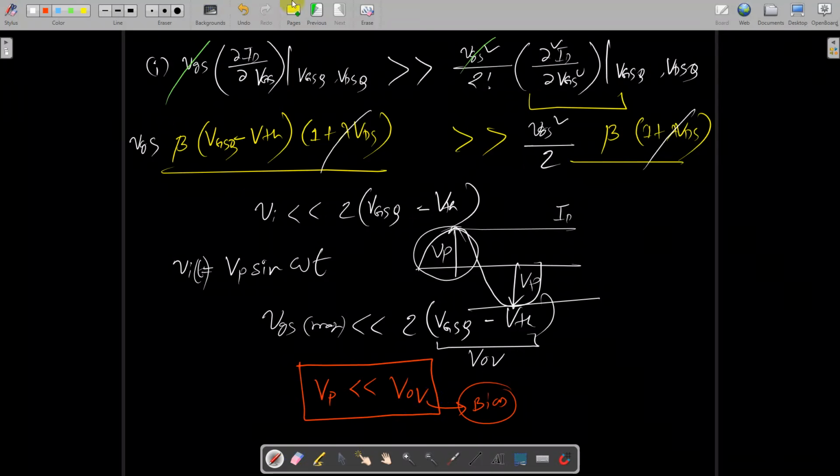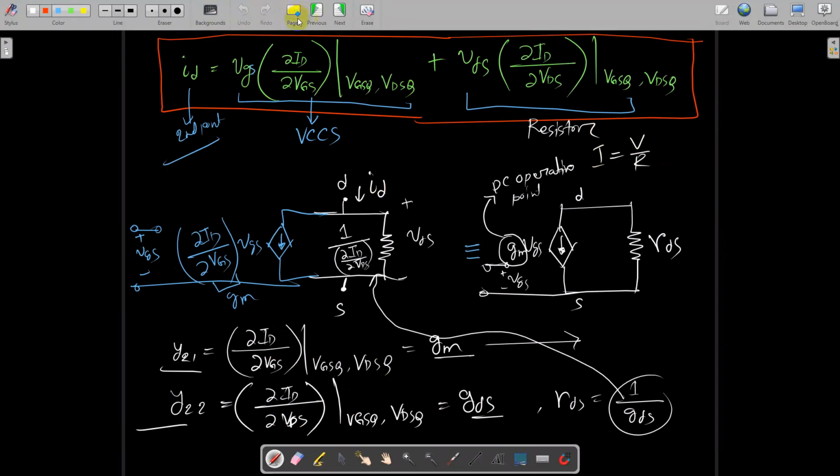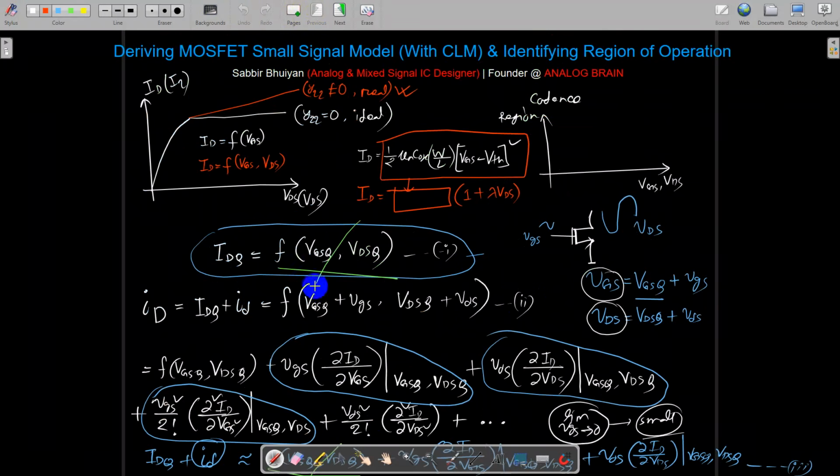Otherwise what will happen? Otherwise you can't approximate your small signal model like this, and this small signal model will not be valid. You have those higher order terms present in your MOSFET, and after your simulation you will see some non-linearity.